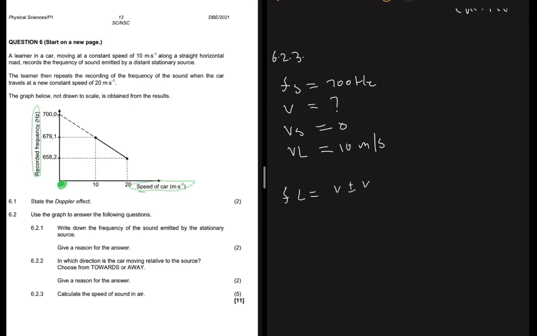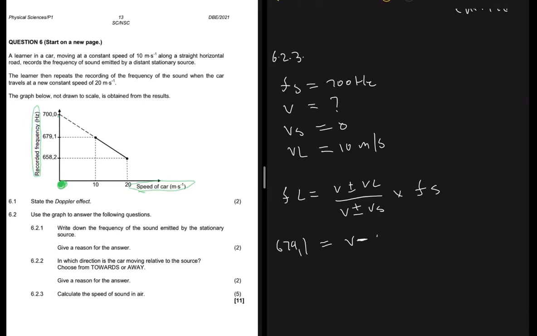We have FL equals V plus or minus VL divided by V plus or minus Vs multiplied by the frequency of source, right? The frequency observed by the listener when the speed of the car is 10 meters per second is 679.1, which equals this V is what we're interested in, the speed of sound in air, and then the velocity of the listener, because the listener is moving away, we're supposed to have a minus on the numerator, right?